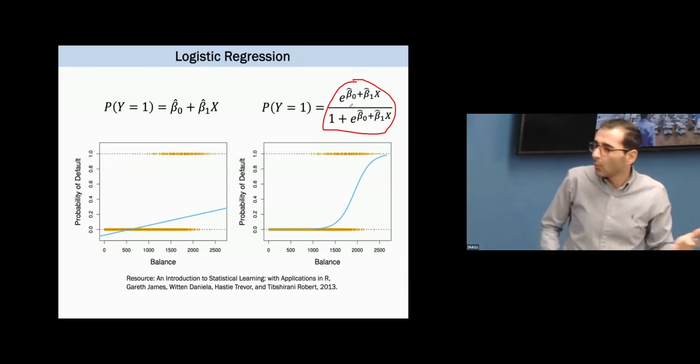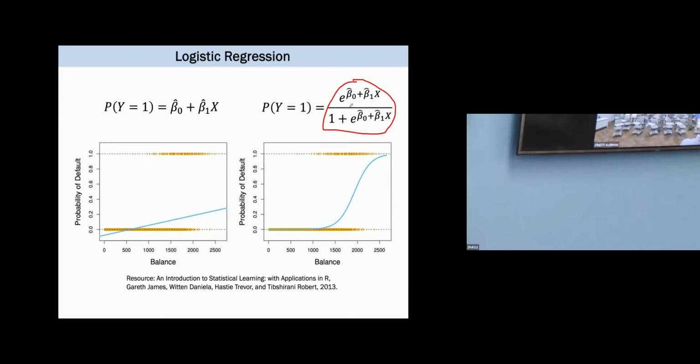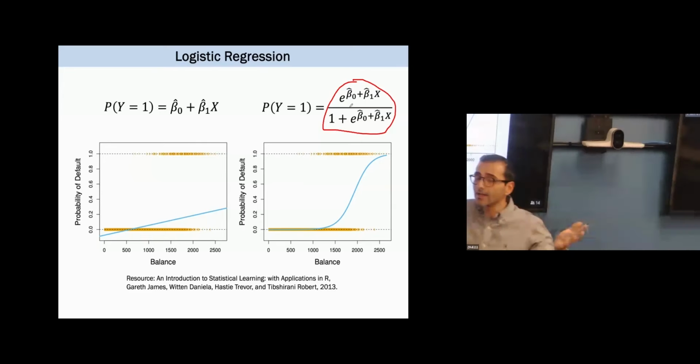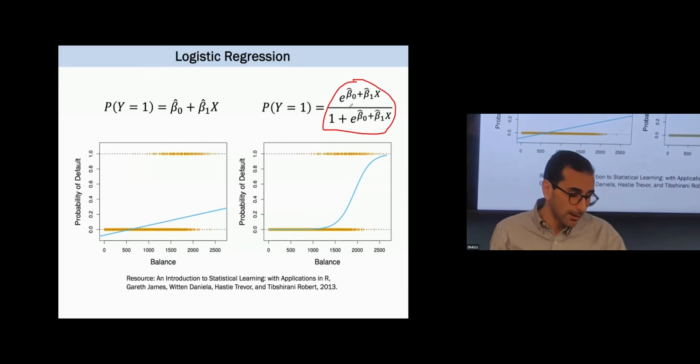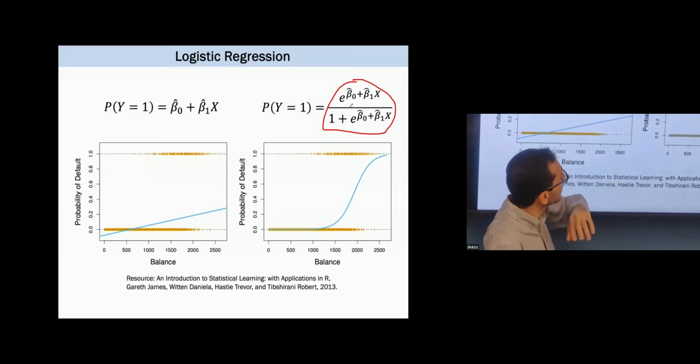Now, you may ask me why we choose that specific function. You can choose any function, as long as you restrict yourself between 0 and 1, so that you don't get weird predictions regarding the probability.